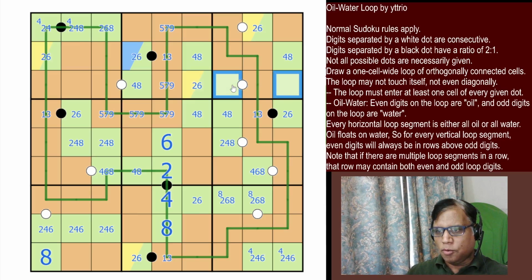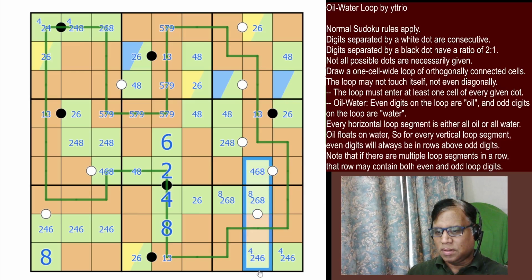Blue must be one of these, right? Because that cannot be blue, yellow. No, this could be anything, could be blue here, right? Sure. I thought we could reach somehow here.